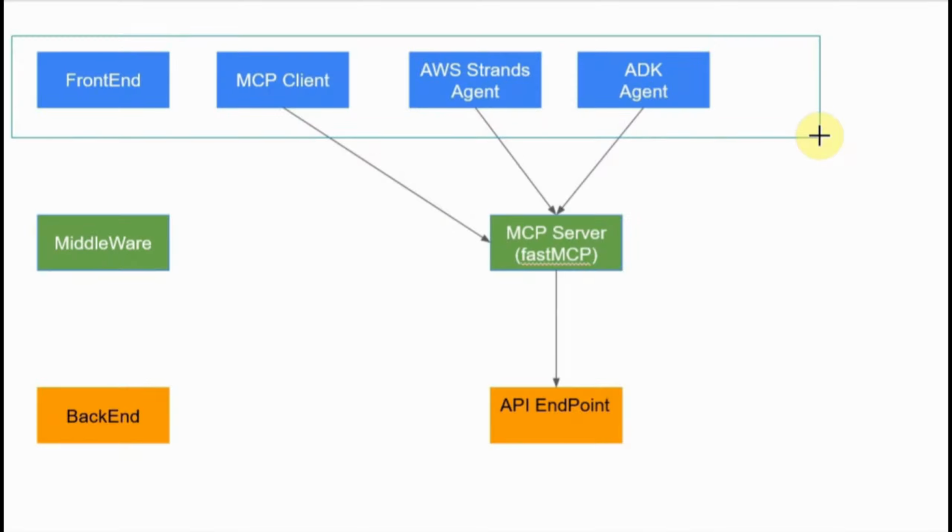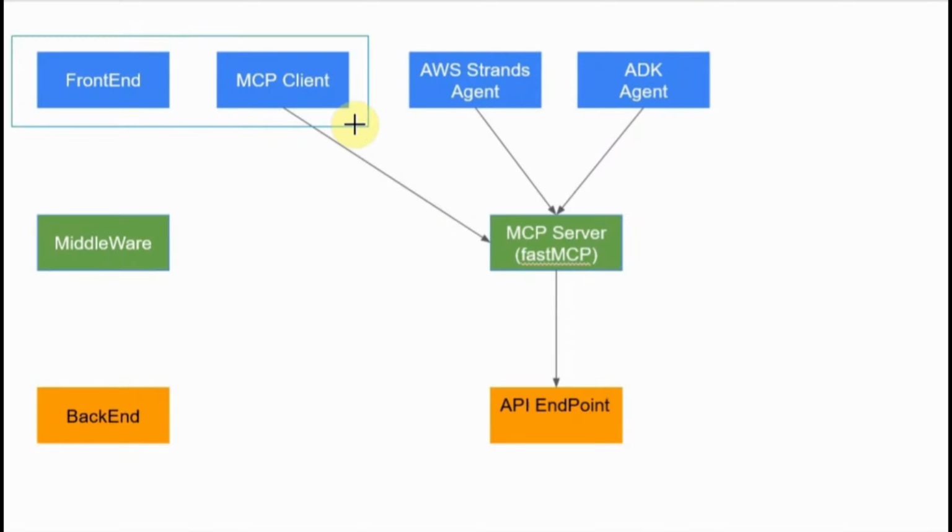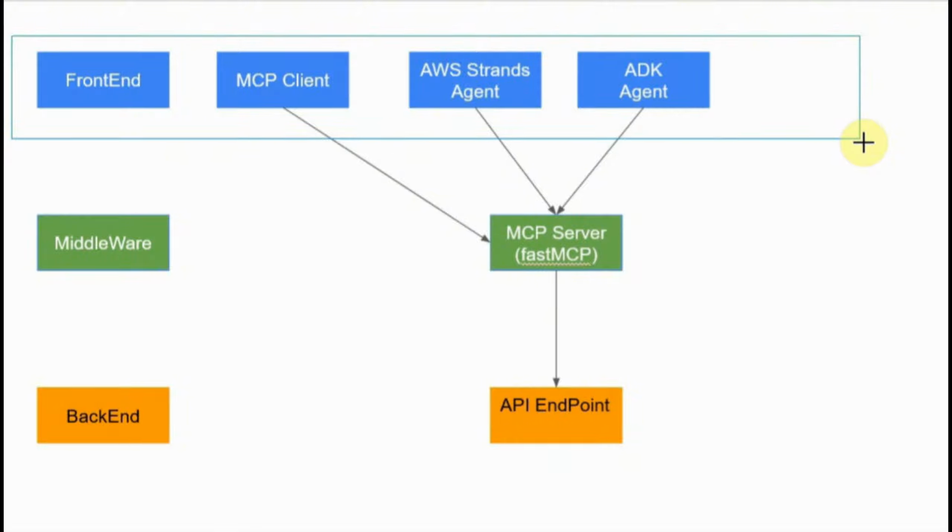Then on the front-end layer, we will have an MCP Client and two agents, AWS Strands Agent and ADK Agent. I will separately develop a simple MCP Client Python script, and then we will have a look at the more complicated AWS Strands Agent and ADK Agent.